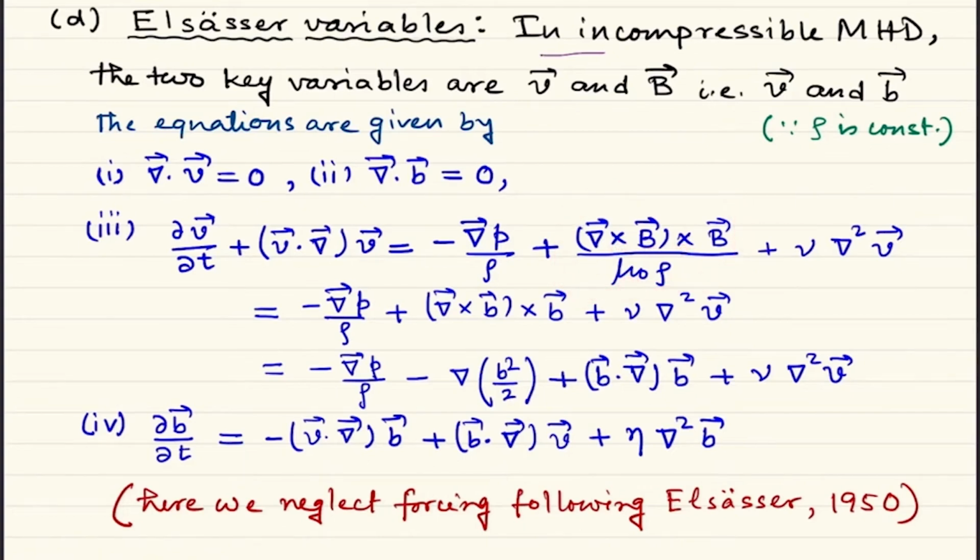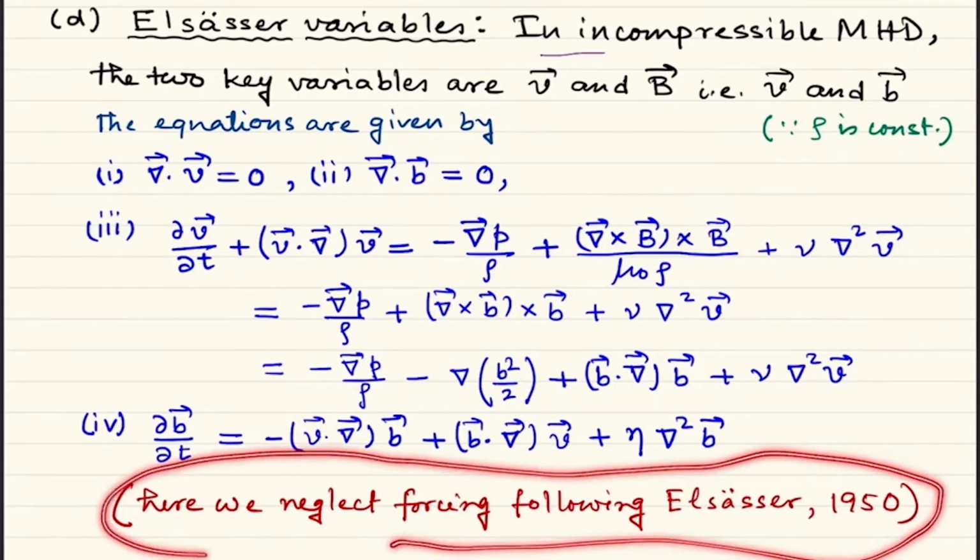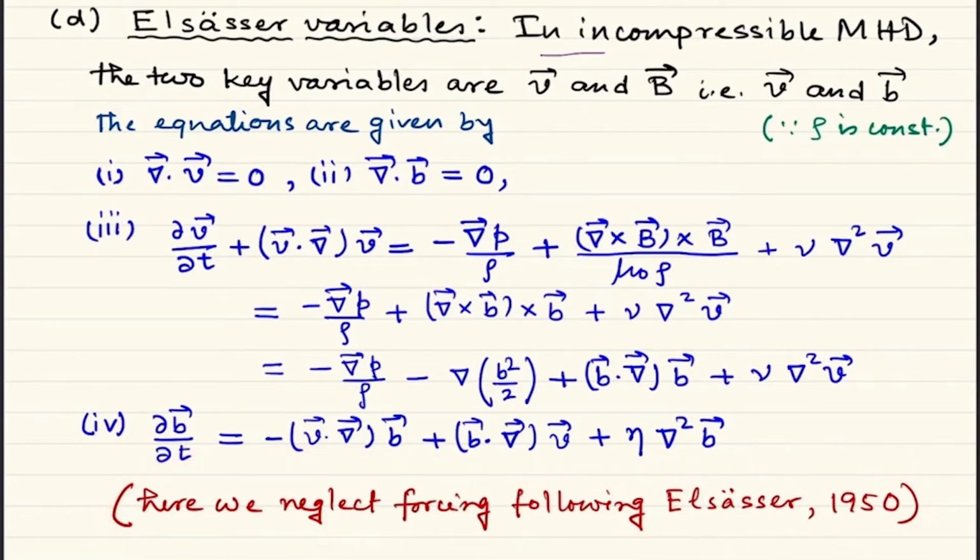Here we are just neglecting the forcing term because in the original work of Elsasser in 1950, he also neglected the forcing term. But if you include the forcing term, that does not change any big thing, because the forcing term is in general independent of the fluid fields like V and B. Okay, because this is an external forcing term.